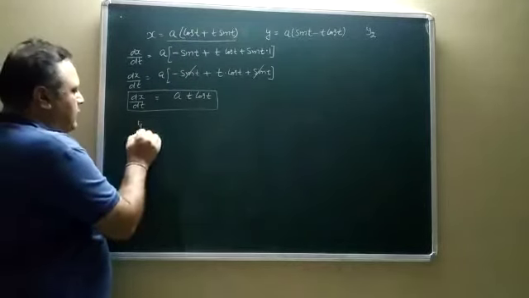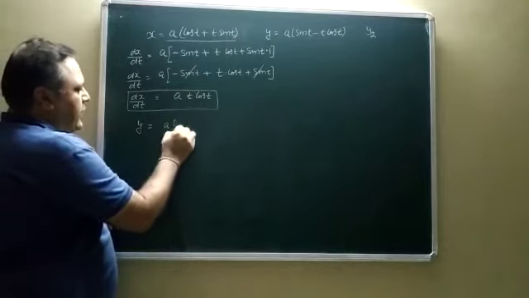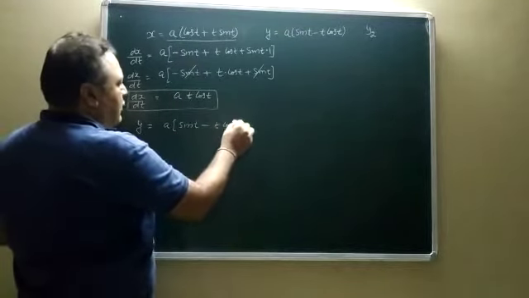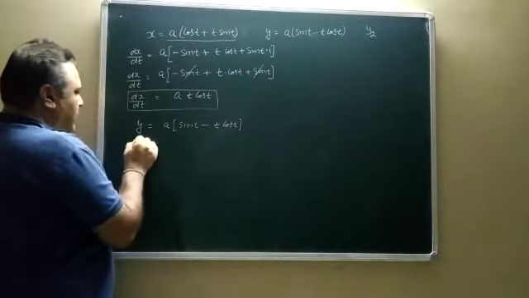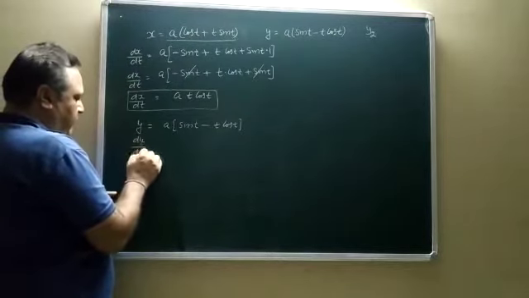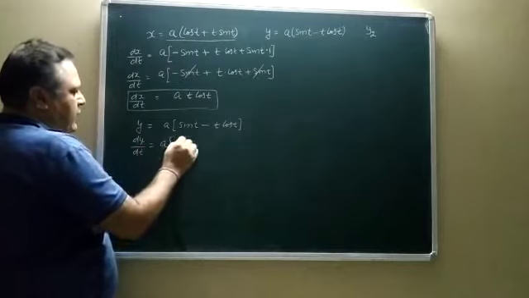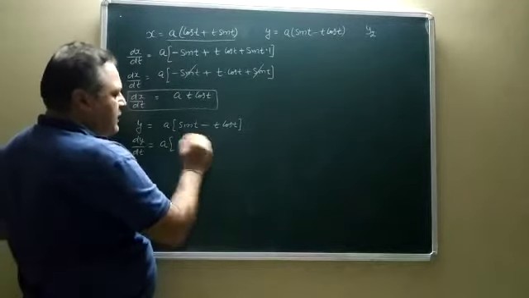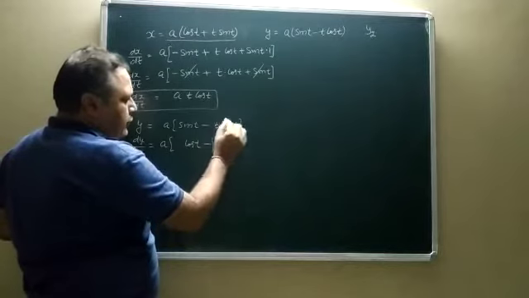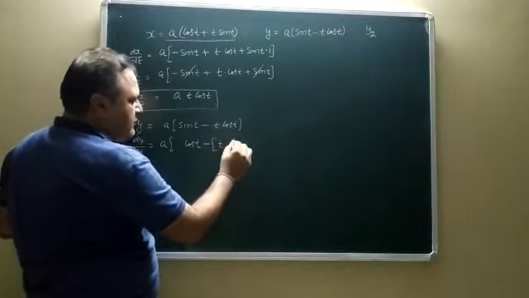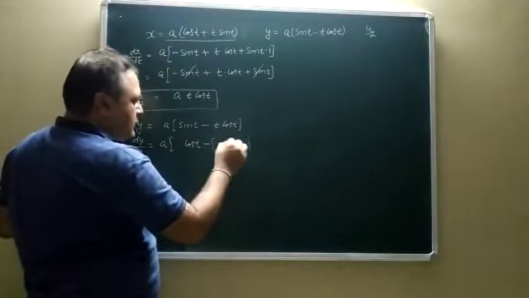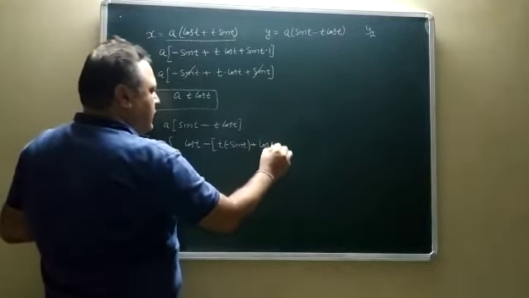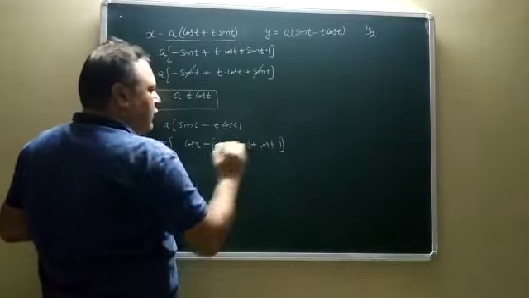Now y is given as a(sin t minus t cos t). dy by dt is equal to a times the derivative of sin t minus t cos t. Again using u into v: first function as it is, derivative of second, plus second function as it is, derivative of first.